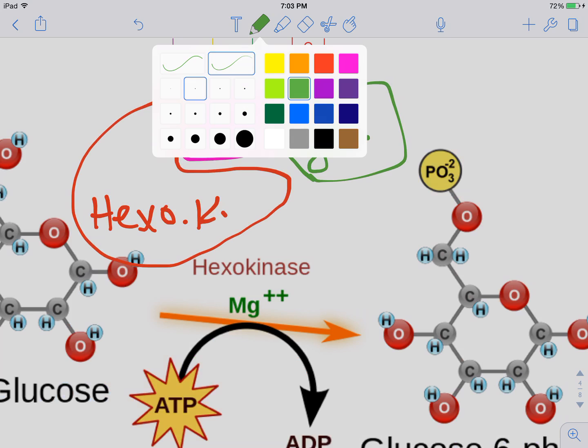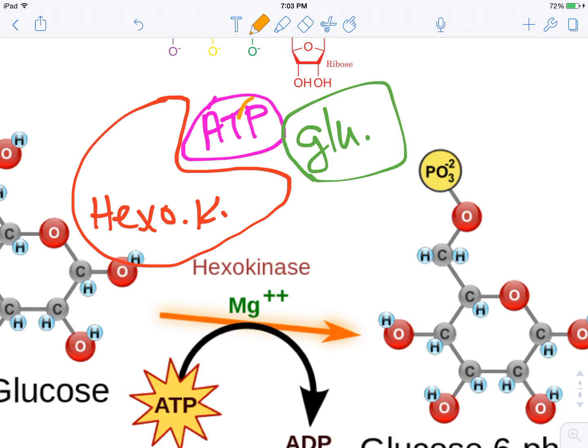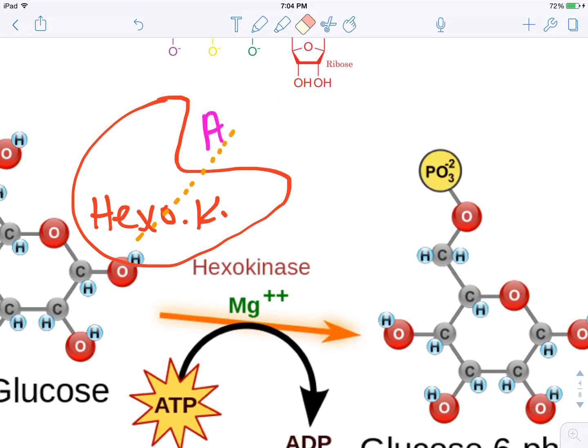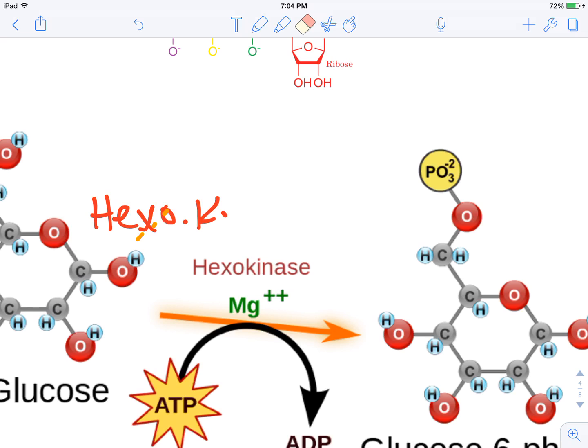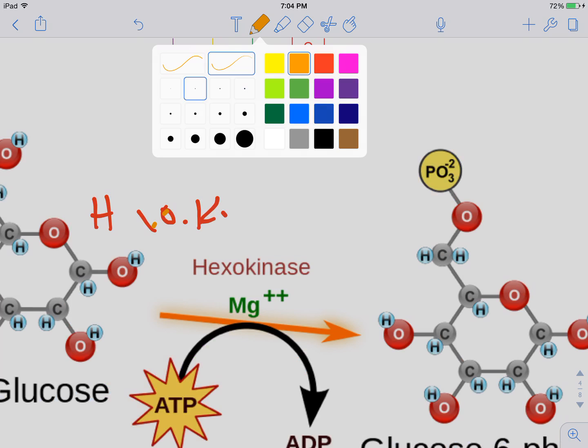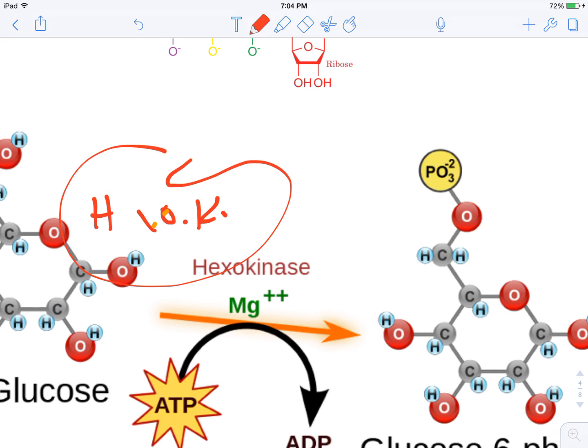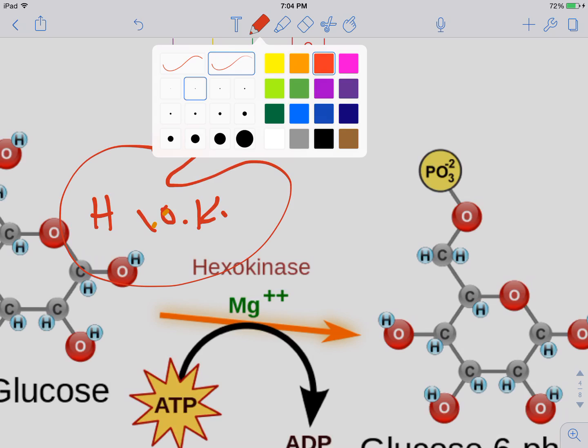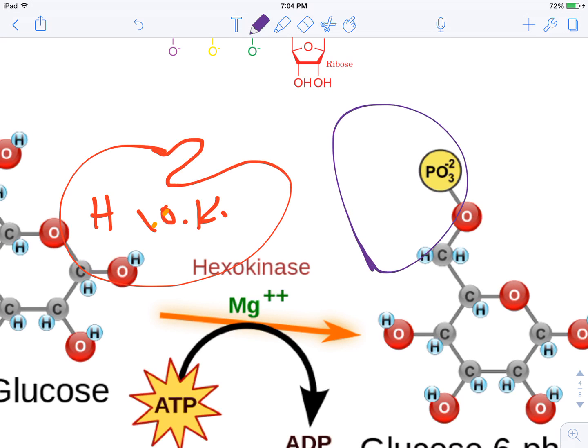The reaction will have one of the phosphates go in here, and that's all sped up by hexokinase. Then both of these will be gone, and we will be left with hexokinase one more time. And, on the other hand, we'll have glucose 6-phosphate over here.